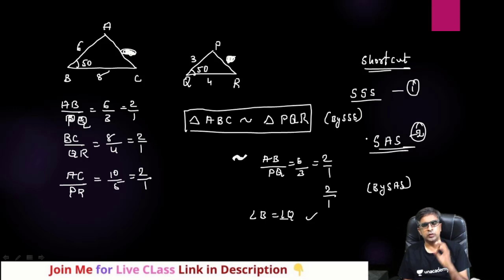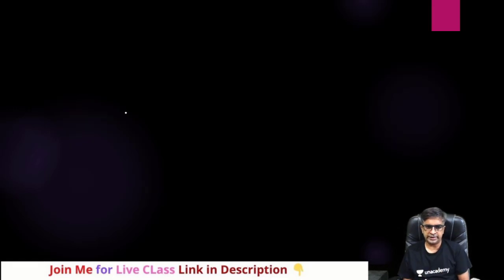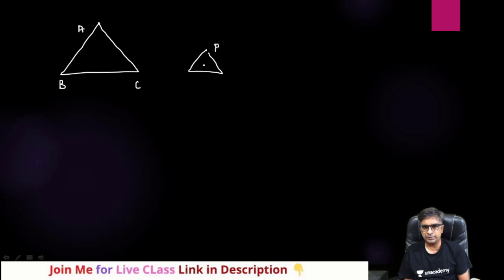And the third rule, one of the most important and very simple, is angle similarity. Let me tell you. If you are having a triangle ABC and PQR, and if you are having this 50, this 70 and this 60, and here also this 50, this 70 and this 60.